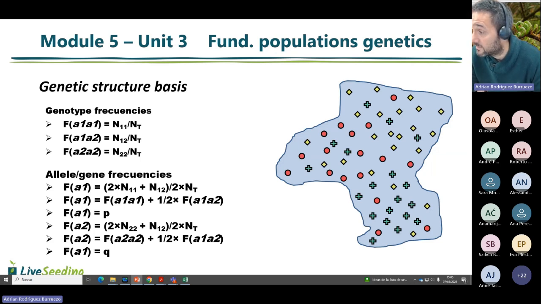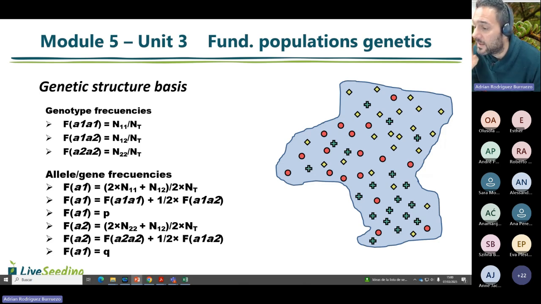If you make the calculation, you will see that it also gives 0.4. Okay. And in population genetics, the frequency of this allele A1 is called with the lowercase p. This is very usual in population genetics.